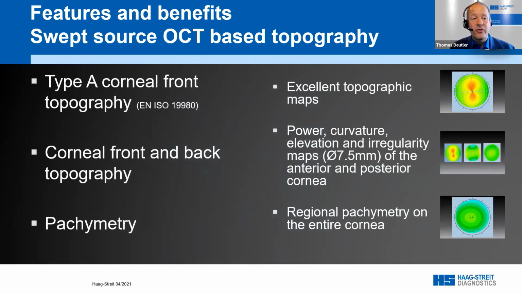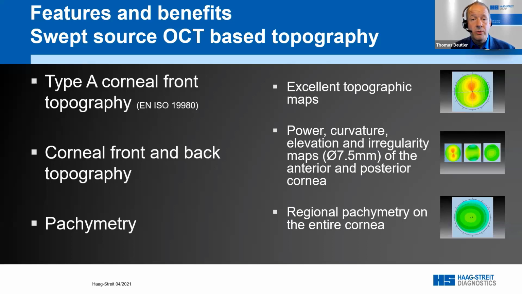What we get from the Swept Source OCT-based topography is a type A precision from the topography. So we are in compliance with the ISO 19980 standard, and we provide the respective accuracy and reproducibility for a type A corneal topographer. We get corneal topography of the front and the back surface, and we get pachymetry.